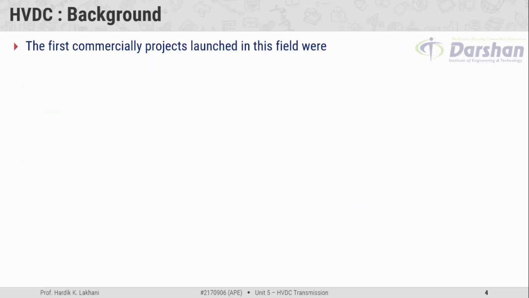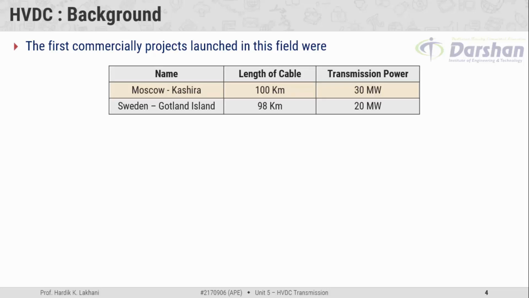The first few projects commercially launched in this field were: the first one was between Moscow and Kashira, that is in Russia. The length of the transmission line was 100 km and the transmission power capacity of that system was 30 megawatt.